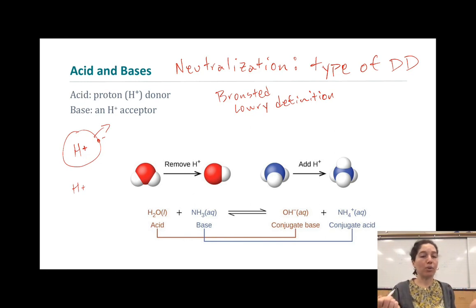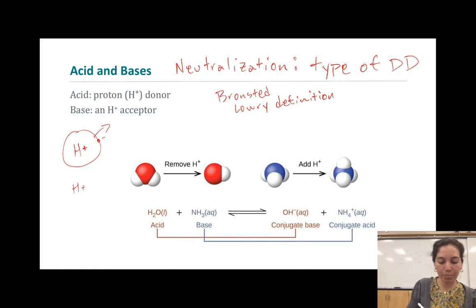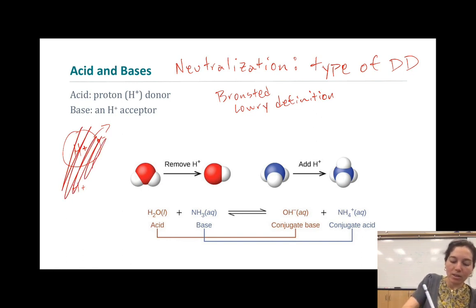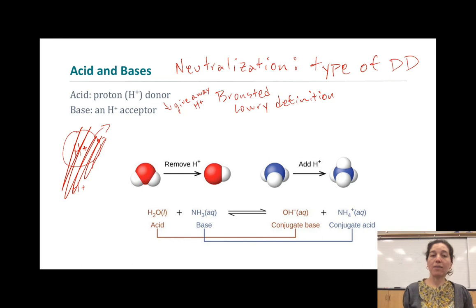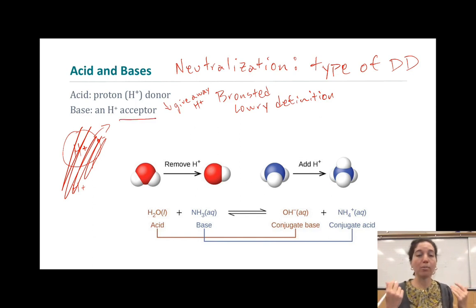There's no electron floating around. So a proton is an H plus ion. Acids donate these, they give away H plus. And the definition of bases is that they accept those H pluses that are given away by the acids. So they accept them.